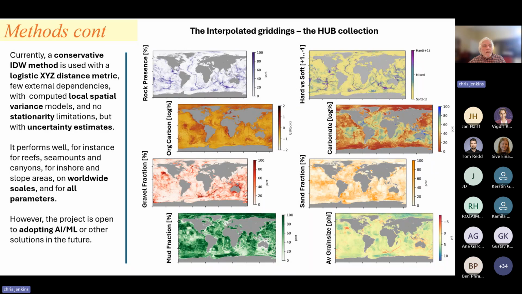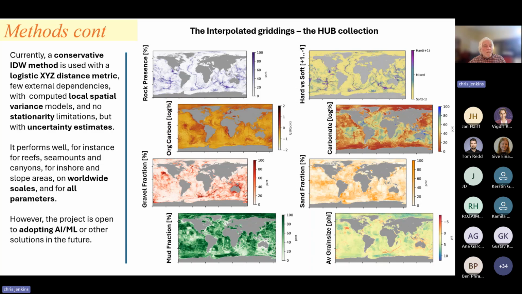So we use an inverse distance weighted method, which is very refined. For instance, the distance metric uses water depth as well as spatial distances. And also it's a logistic function so that the classic IDW peakedness is dealt with.